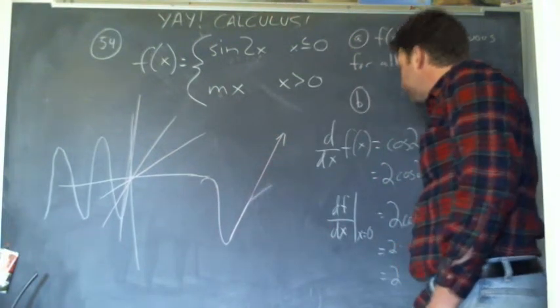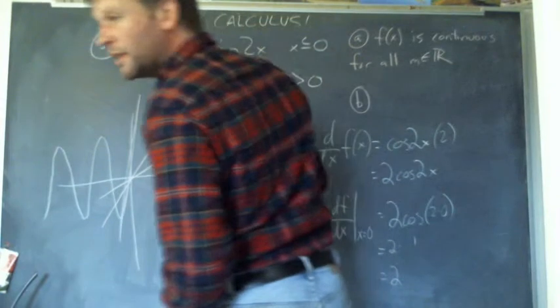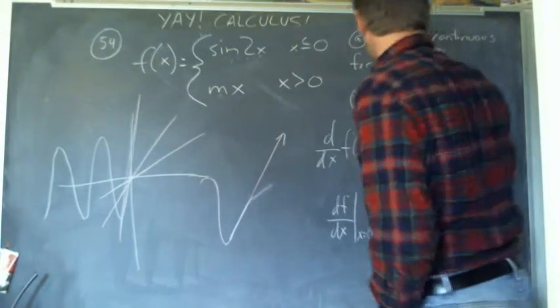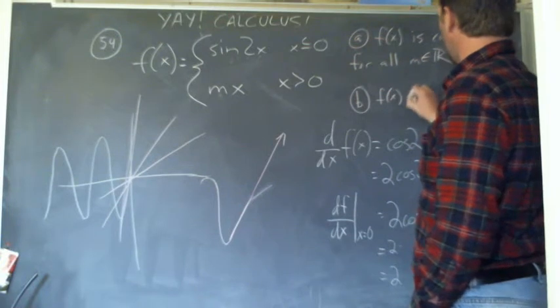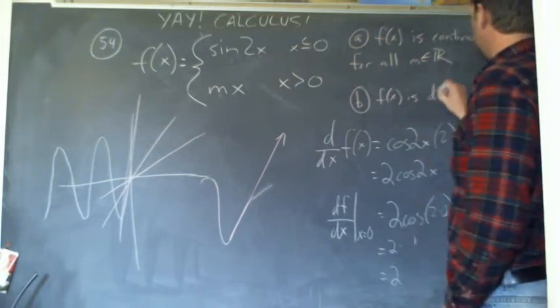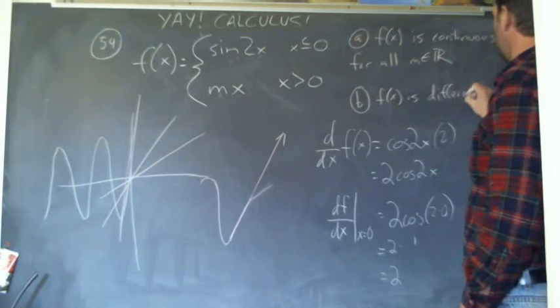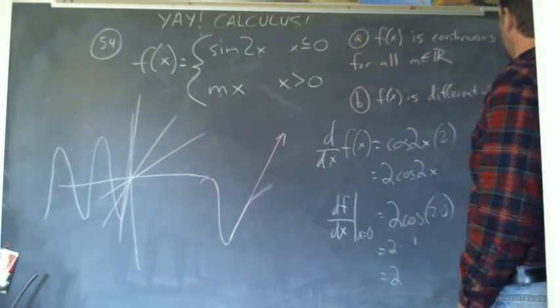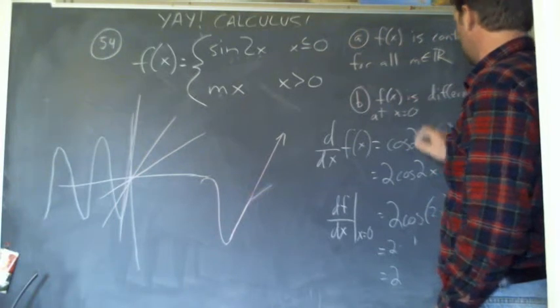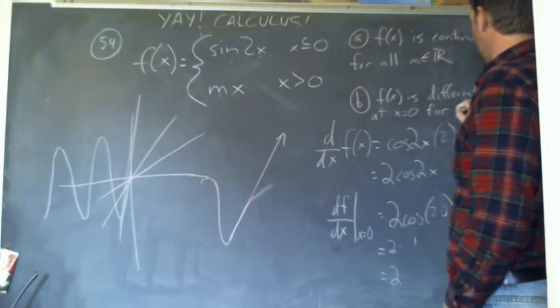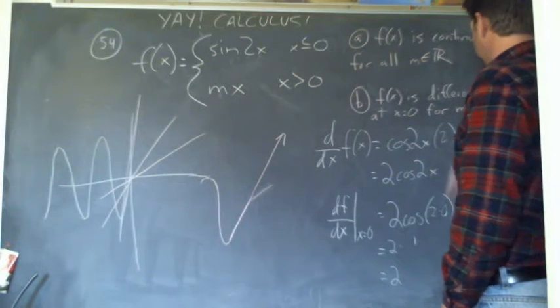So we're going to write, how do they ask? For what values is it differentiable at x equals 0? We'll write that f of x is differentiable at x equals 0 for m equal to 2.